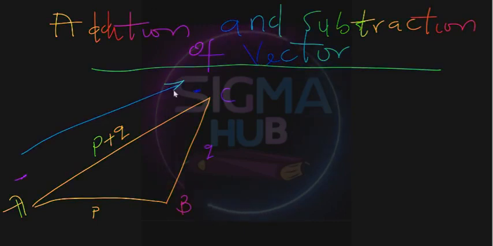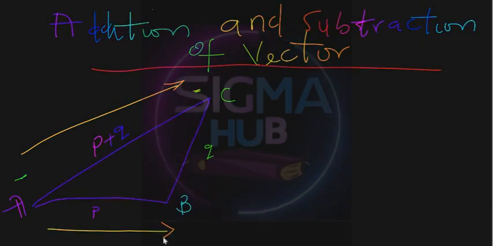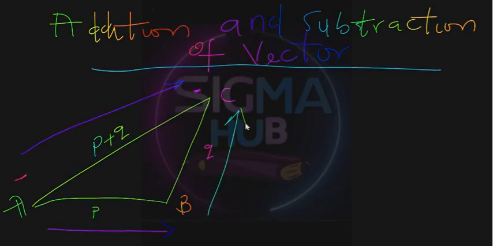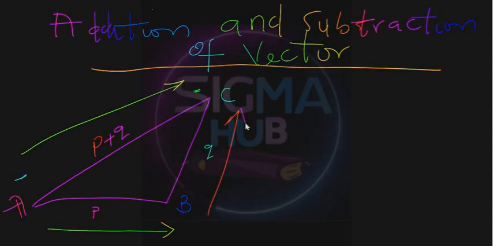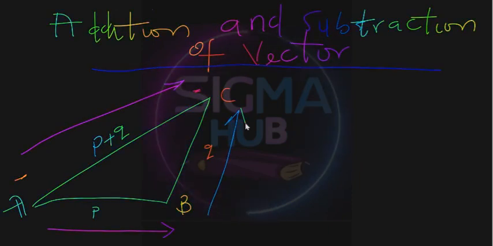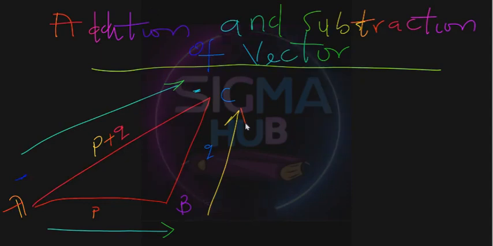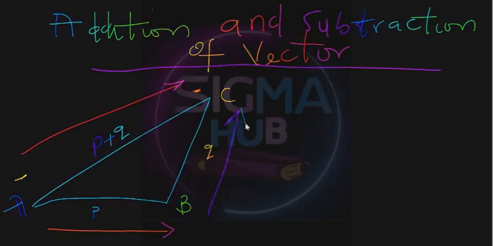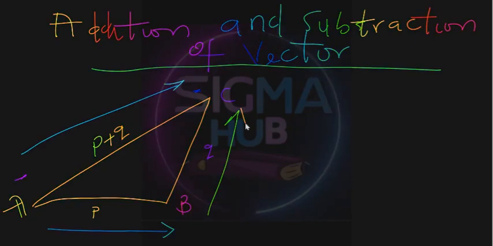The first way is that I move from A to B, then from B to C. So if I want to go from A to C, it's either I move from A to B, then from B to C, or the second way I can accomplish this journey is directly moving from A down to C. So these are the two ways I can move from A to C. Now the vector AC is said to be the sum of AB and BC.